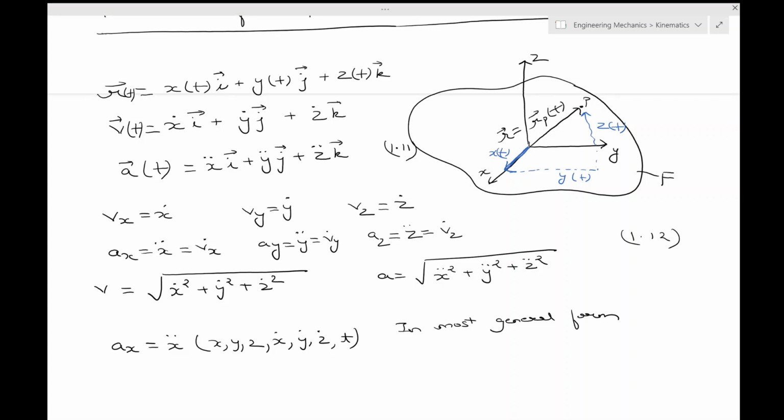So you should be able to convince yourself of this. Okay, you can pause the video and think about it and convince yourself and then move ahead. Okay, that in general ax equal to x double dot may be a function of x, y, z, x dot, y dot, z dot, and time.